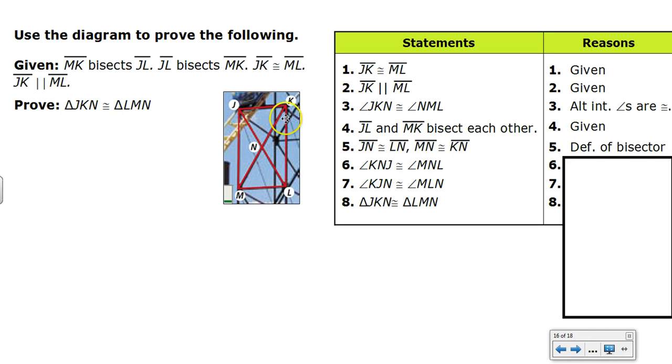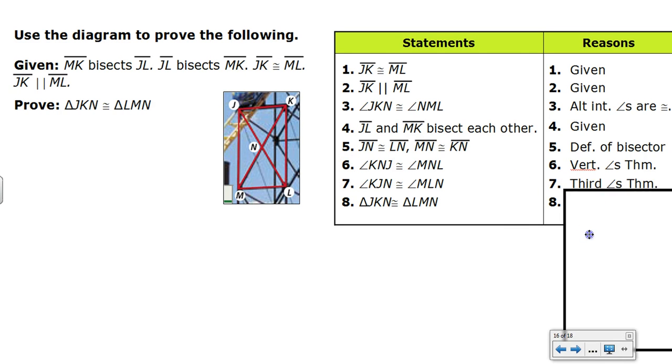We can say that angle KJN is congruent to MLN. How are these two angles congruent? That's right, they're vertical. And we can say finally that KJN is congruent to MLN. There are two ways we can say this. We can see that these two are also alternate interior angles, right?